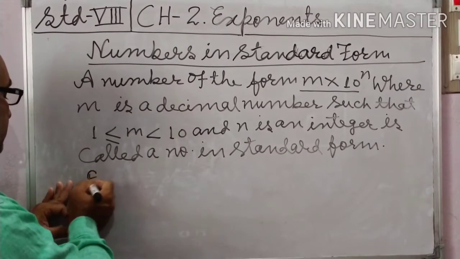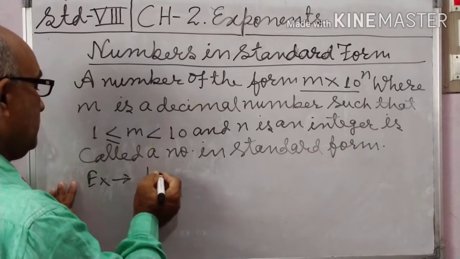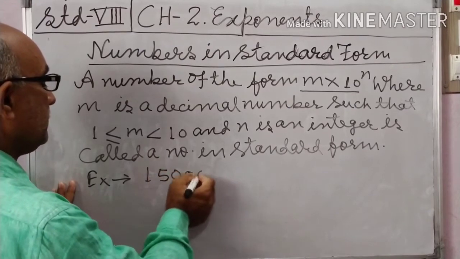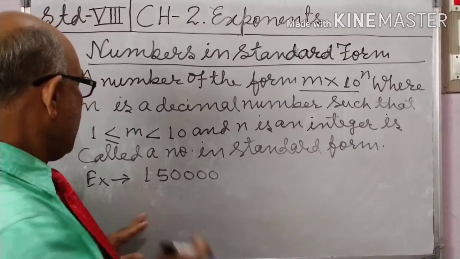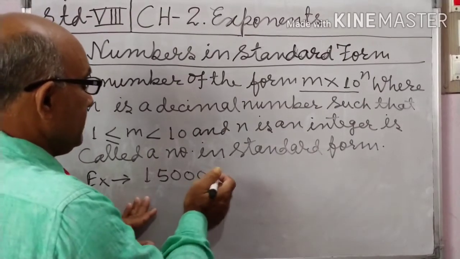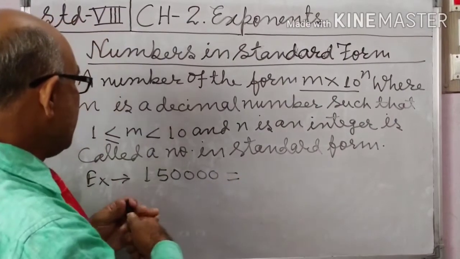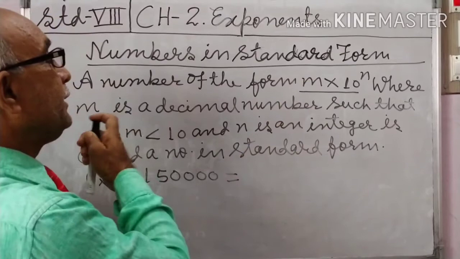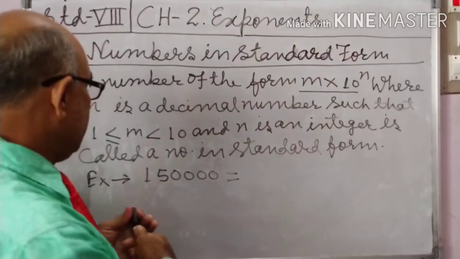One example: write a large number, 1,50,000, in a standard form. So in a standard form, m into 10 to the power n.